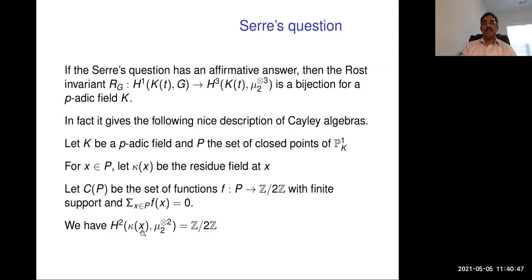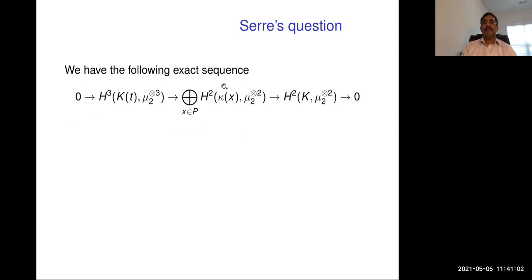Then we have this H3. We have H2 of kappa X with mu2 tensor 2 is Z mod 2, because kappa X is the residue field at a closed point. So this is a finite extension of this periodic field, and therefore this is just Z mod 2Z. And we have the following exact sequence because of this KT, where the map from H3 of KT to H2 of kappa X is a residue map, and the map from H2 of kappa X to H2 of K is a corestriction.